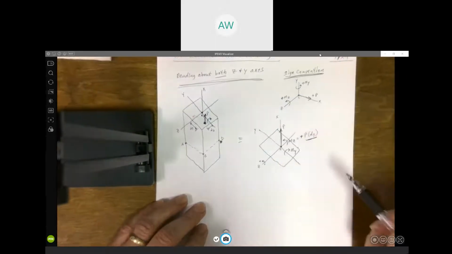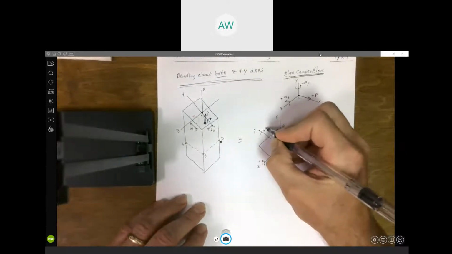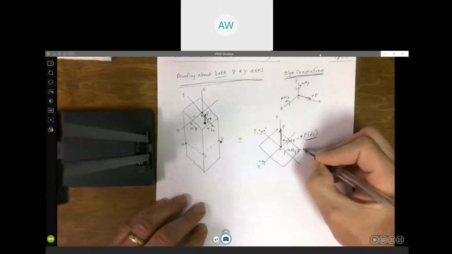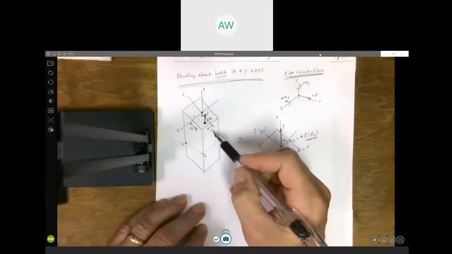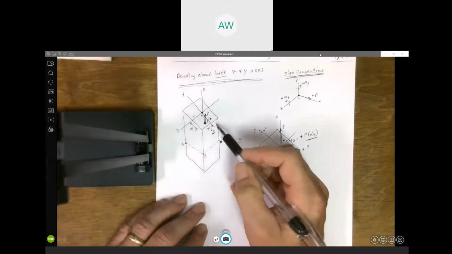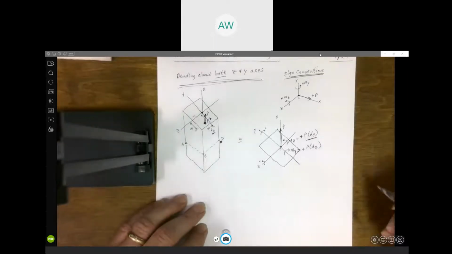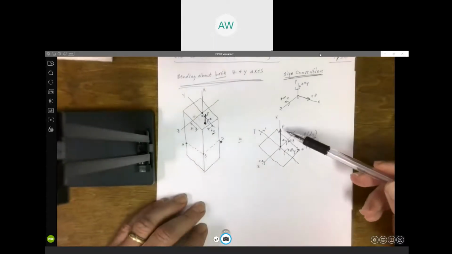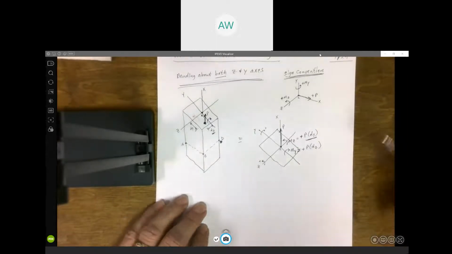And going back to our sign convention, right-hand rule says that is in the positive direction. So this would be a positive moment, and it would be equal to that force times this distance it is away from the y-axis, which I call dz.